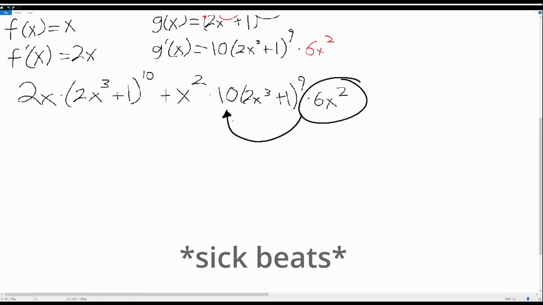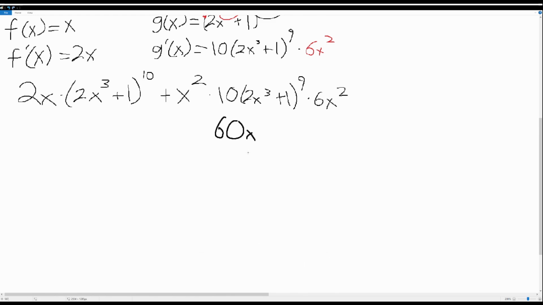That's kind of weird. My sketchbook says that this is 60x, but there's the 2 there. So I'm pretty sure this is 60x squared times x squared, which gives us 60x.